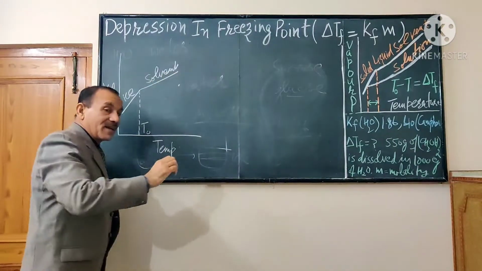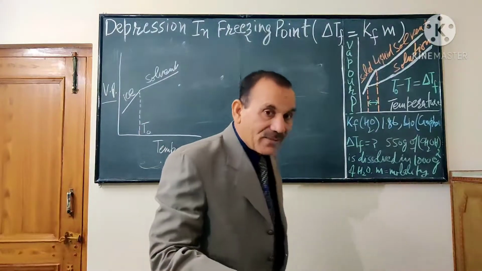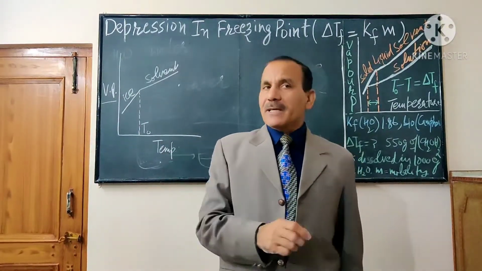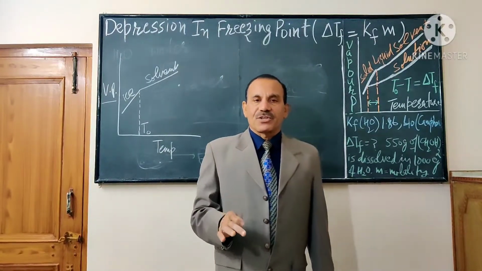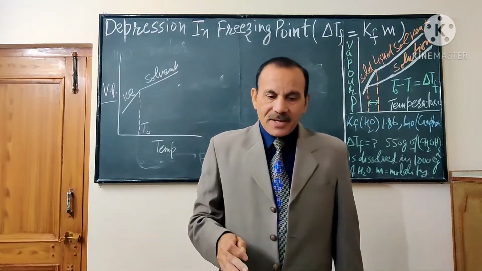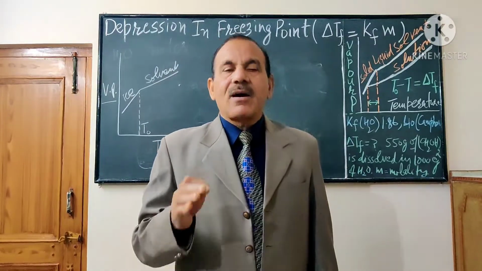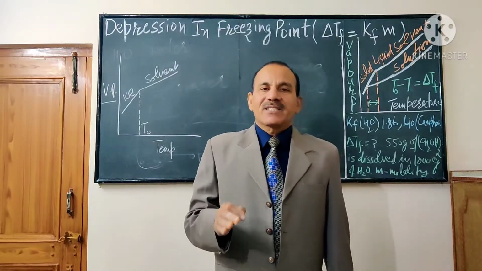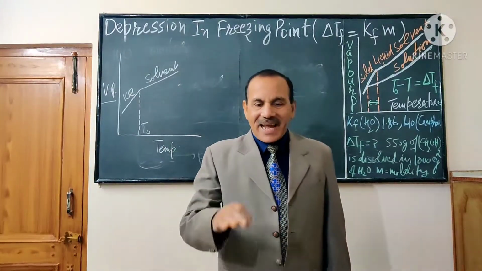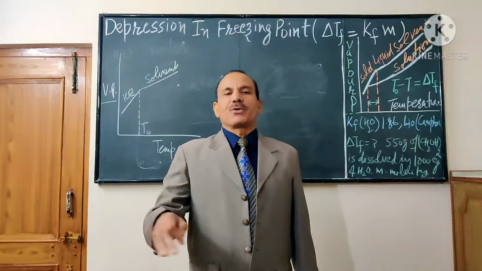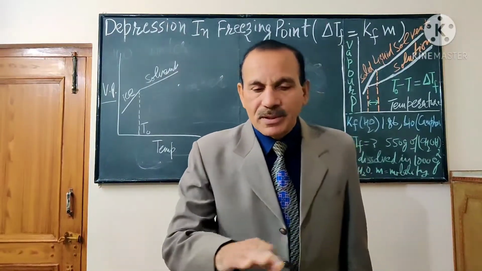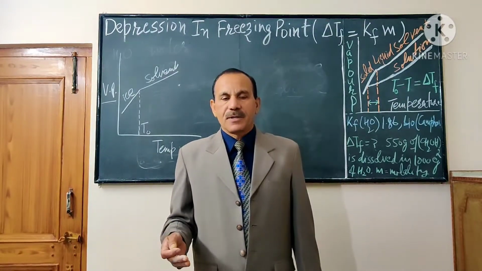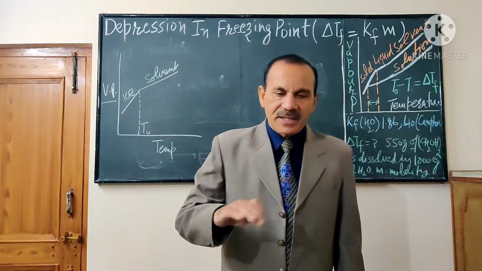The vapor pressure of a solution is always less at a given temperature as compared to the pure solvent, because fewer vapors of the solvent are formed from the solution due to decreased surface area.